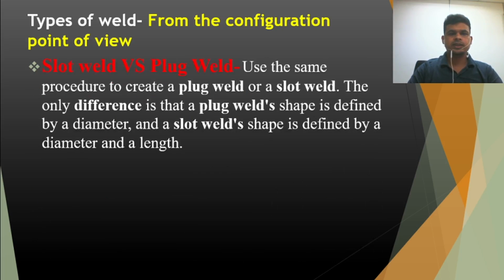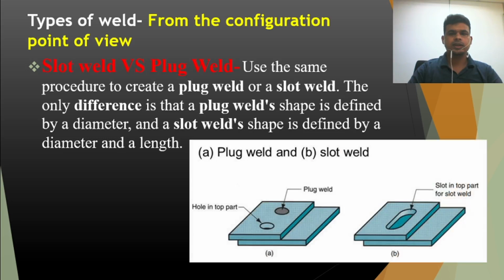Slot weld versus plug weld. You can see from this picture, if you go to the definition, use the same procedure to create the plug weld or slot weld. That means plug weld and slot weld use the same procedure.